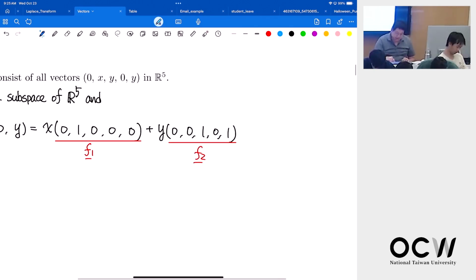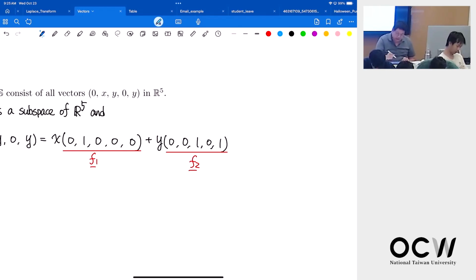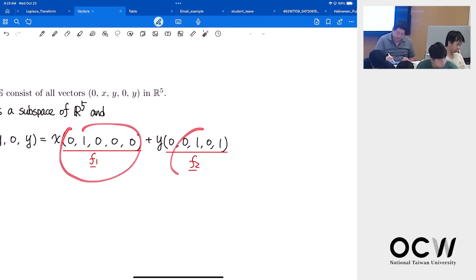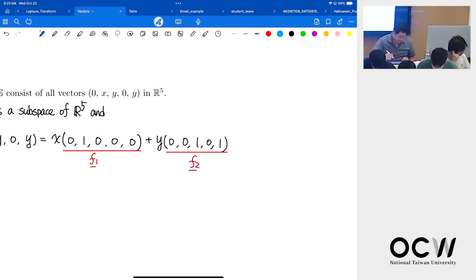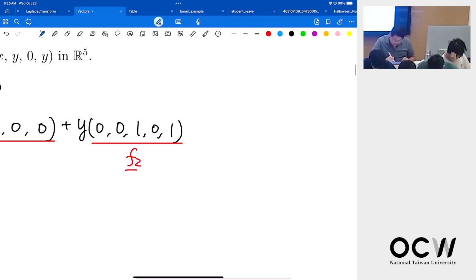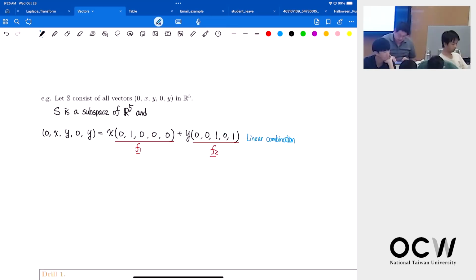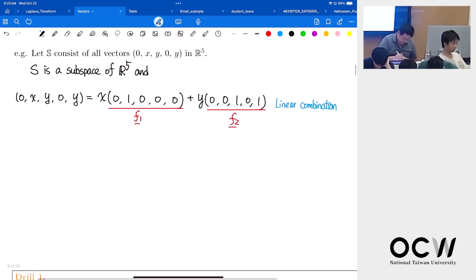And this is a linear combination of F1 and F2, with coefficients x and y. F1 and F2 are linearly independent.